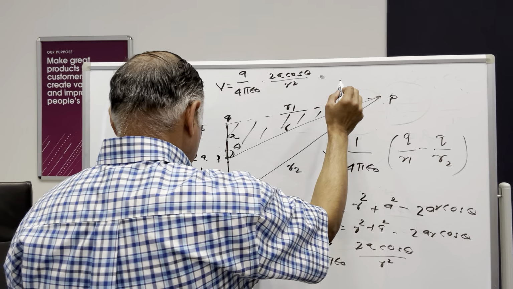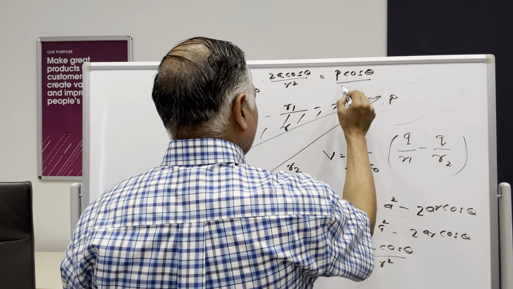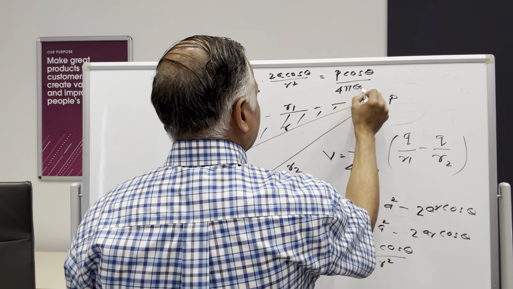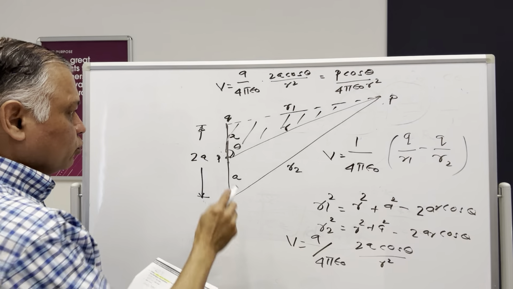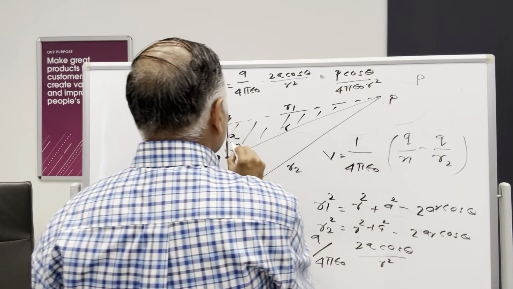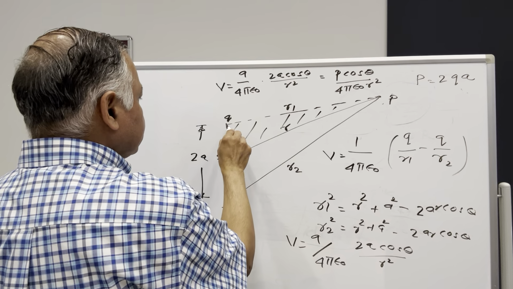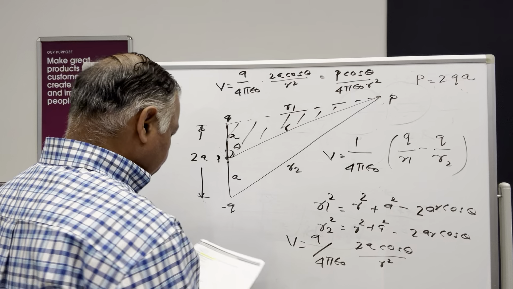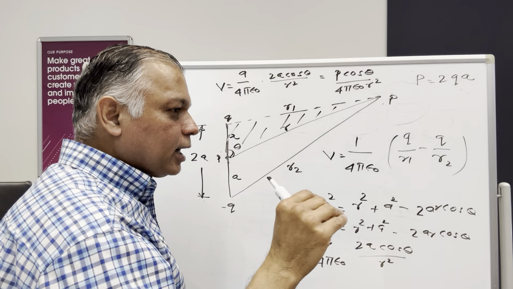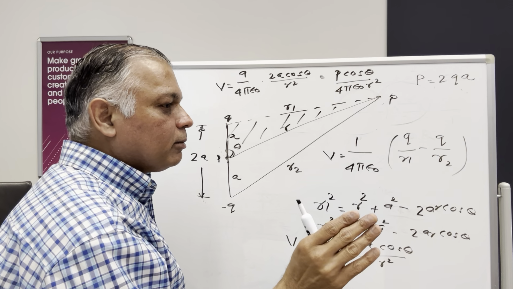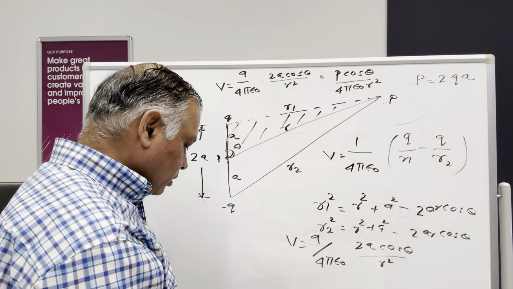This is nothing but P cos theta over 4 pi epsilon 0 r square. And in this case, P is equal to 2 into qa. So a is the distance of this positive charge, and that will become P. And P cos theta is equal to P dot r hat. So if we put it in vector form, the vector will come up with the direction as well. So it's a vector formula.